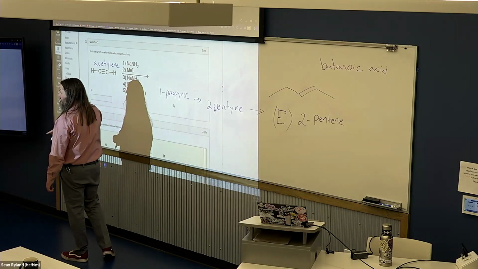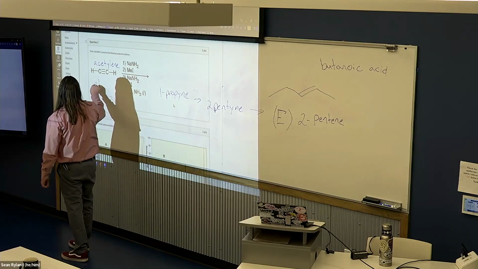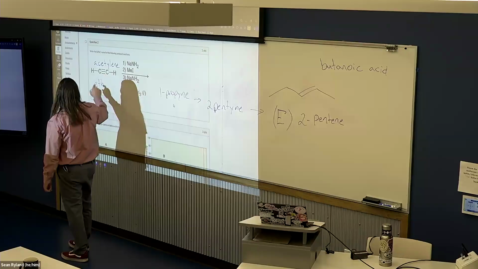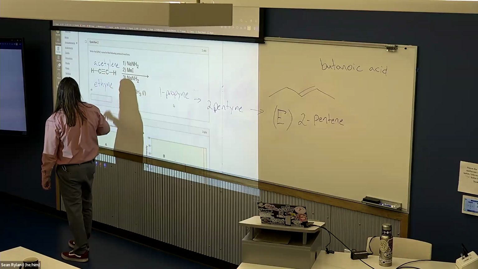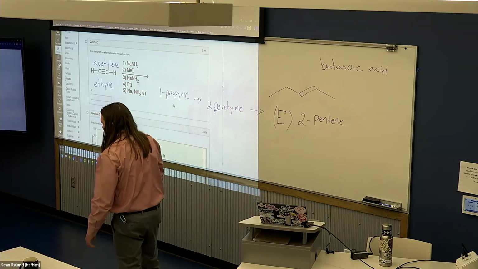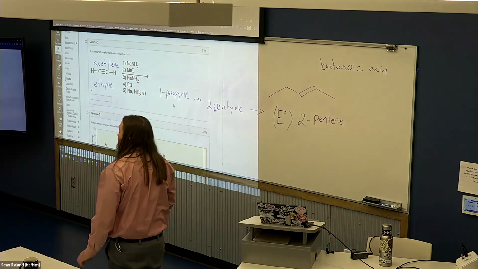Methane. Not bad. That's 1 carbon. 2 carbons would be ethane if it was an alkane, but it's an alkyne, so it's kind of... Yeah, but that's fine.